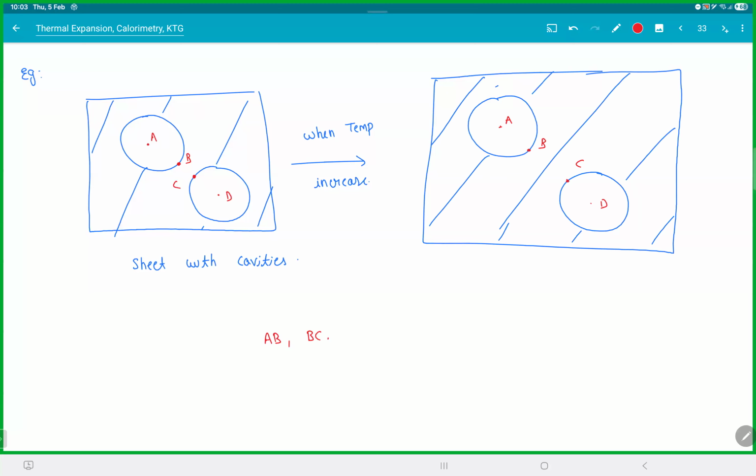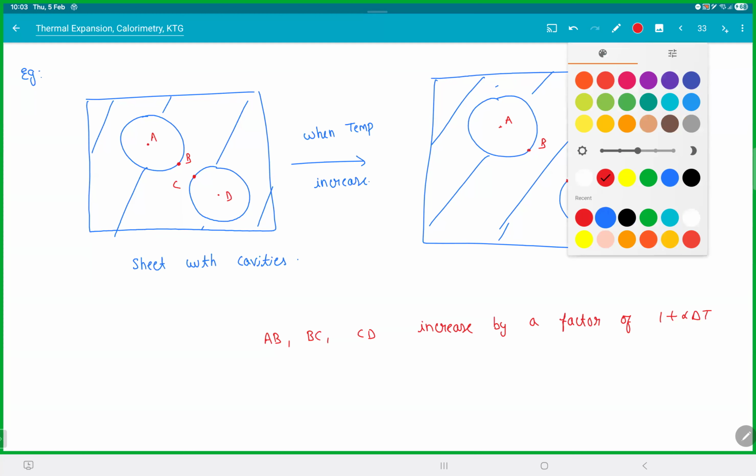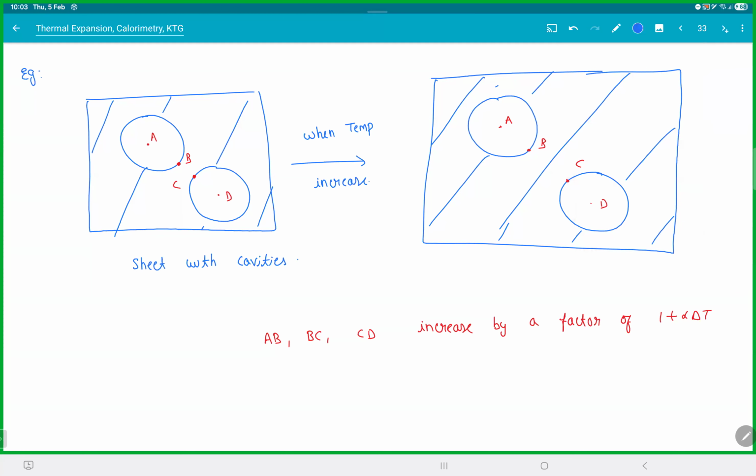AB, BC, CD increase by a factor of 1 plus alpha delta T. Yeah, right here. All favor this? That's about linear expansion.